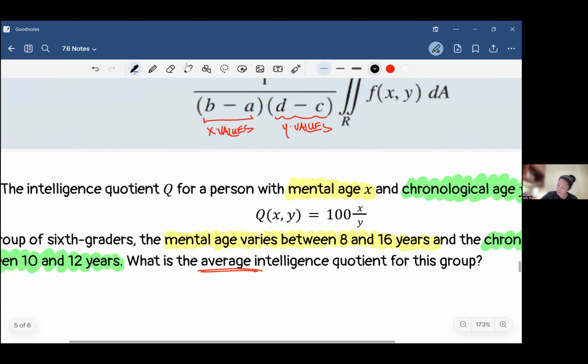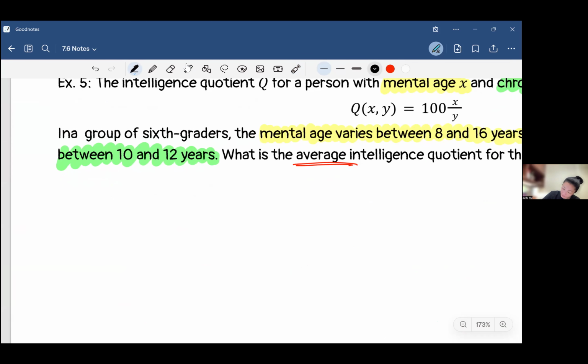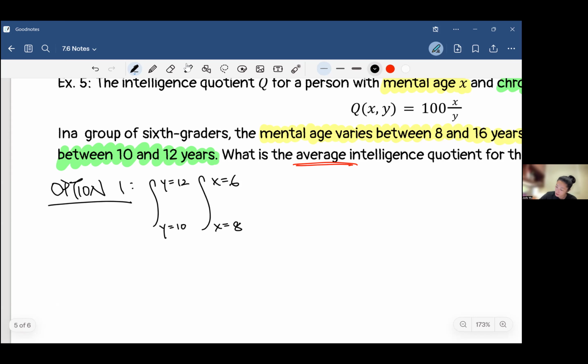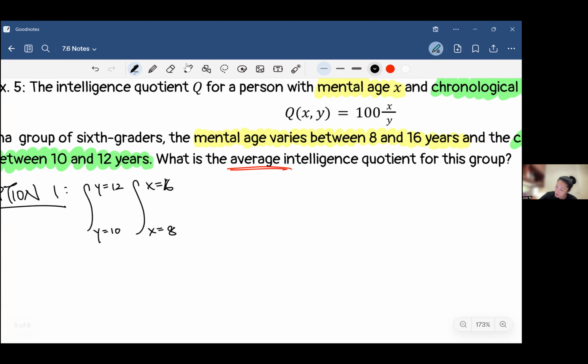Okay? So let's set up our two options. Let me write that in. Option 1, option 2. Are we doing our dy on the outside and then our dx, or are we doing it the other way around? So the integral of y equals 10 to y equals 12, the integral of x equals 8 to x equals 16 of 100x over y dx dy.